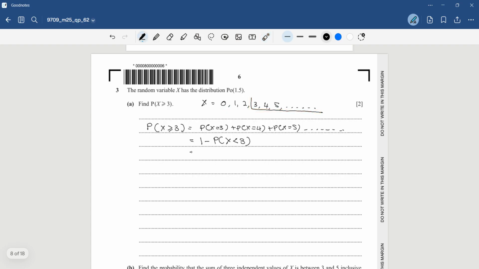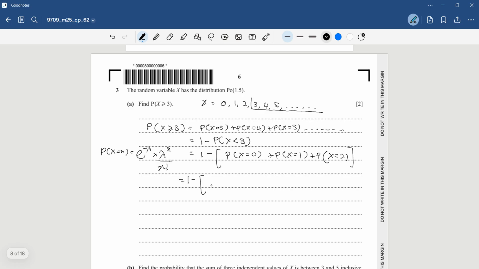So it's going to be 1 minus probability x equal to 0 plus probability x equal to 1 plus probability x equal to 2. For the Poisson distribution formula, you can refer to the formula sheet, where probability x equal to x is e power of negative lambda multiplied by lambda power of x over x factorial.